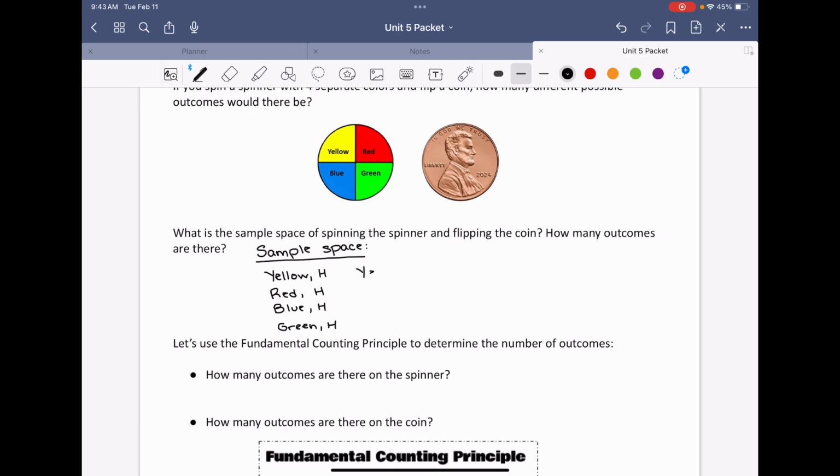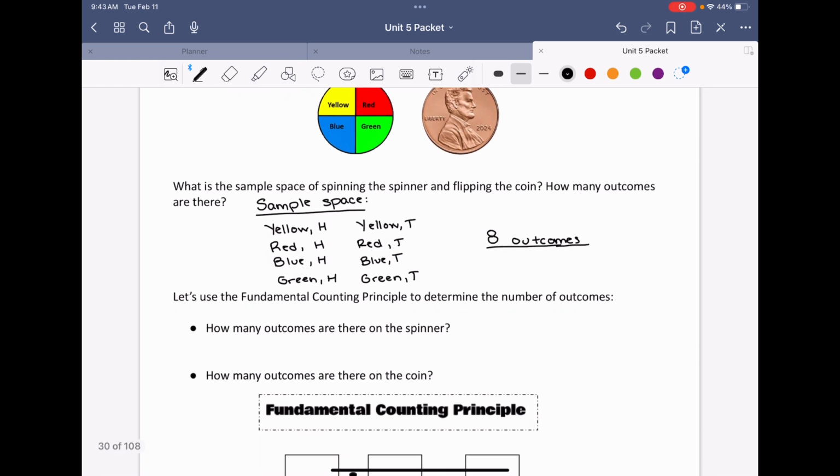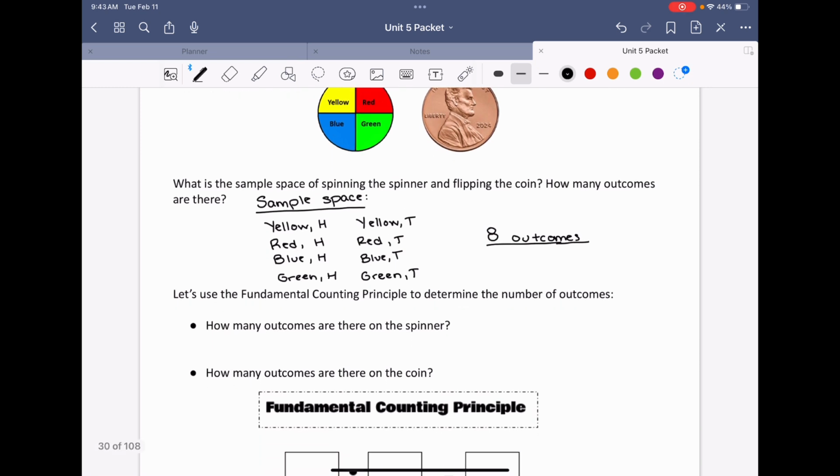Now we could do all those same colors, but instead of heads, get tails. And this is just, again, what we talked about in the last lesson. In total, there are 8 outcomes. And listing 8 of them wasn't too bad.